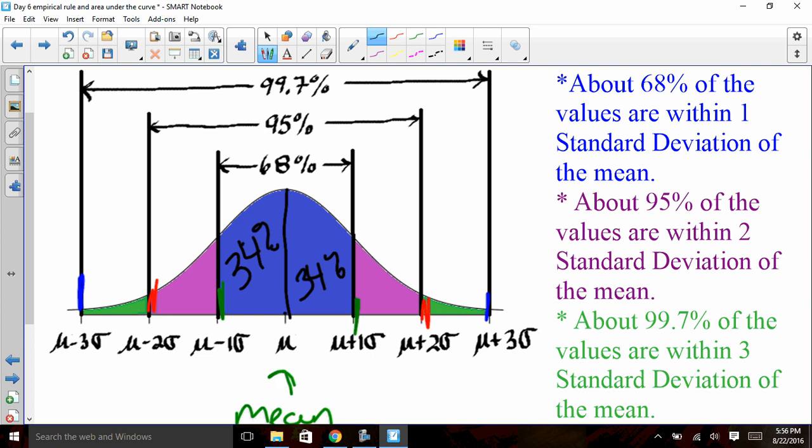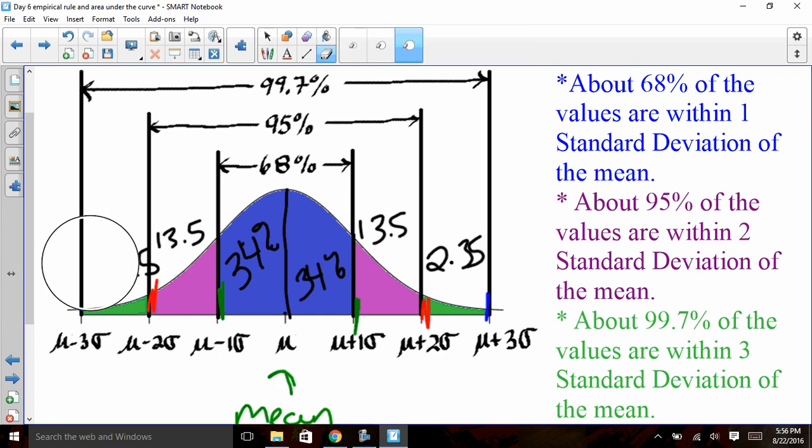Likewise, I have 13.5% in this chunk, and here, and then 2.35% in the last chunks. If you add all of those percentages together, you should equal that 99.7%. If you want to double check my math, you are more than welcome to. Go ahead and pause the video.